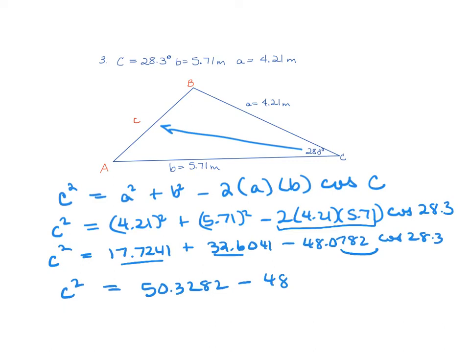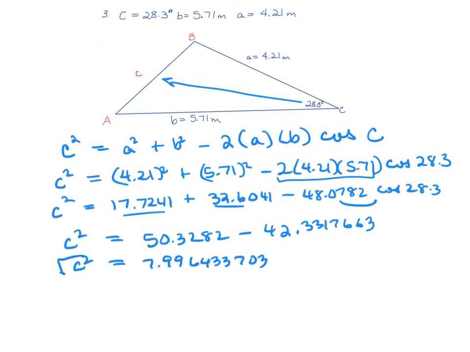Let me go ahead and multiply. Okay, so once I multiply the cosine of 28.3 and 48.0782, I end up with 42.3317663. I'm going to subtract those, and I end up with 7.996433703.